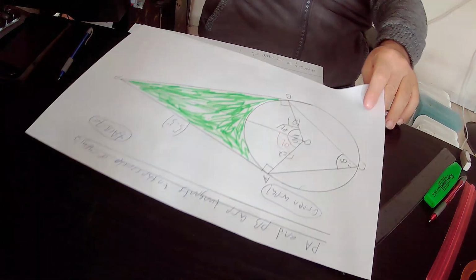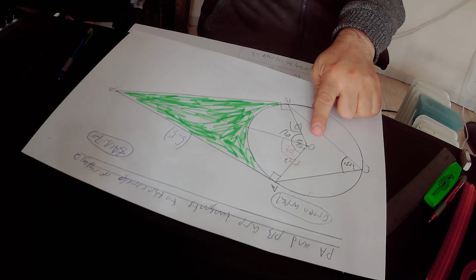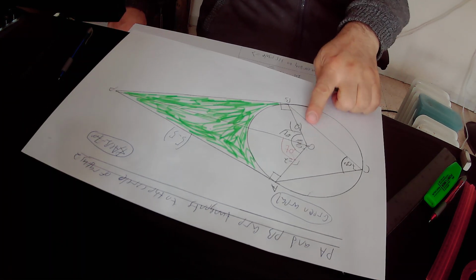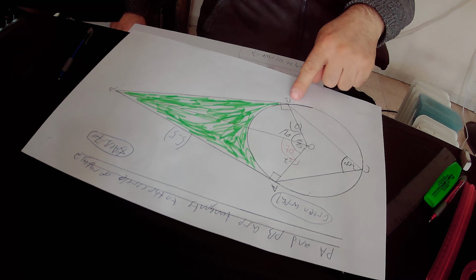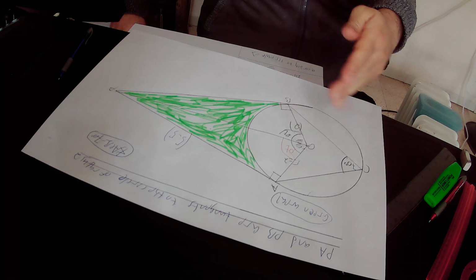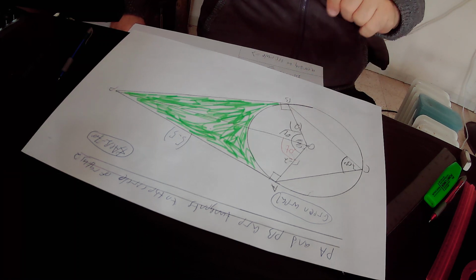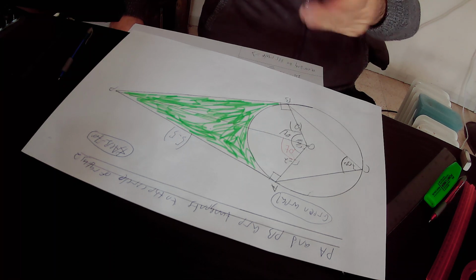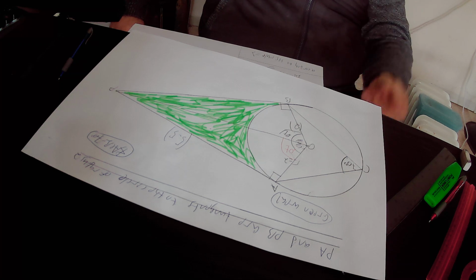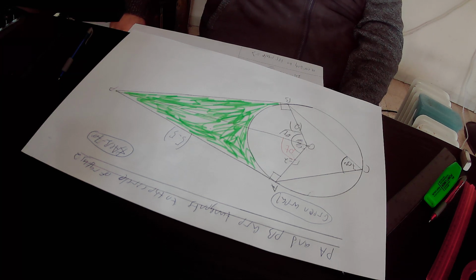So, first of all, we know that point O is the center of the circle, so we join points O and B together by a straight line. Point O is the center of the circle, point B is a point on the circle itself, so OB is the radius of the circle that is equal to 2 units in length. So here we can implement rule 1.